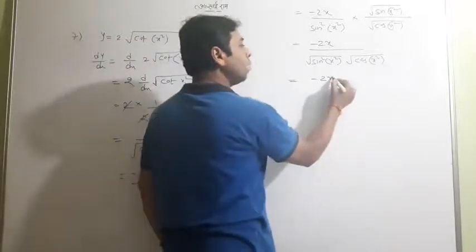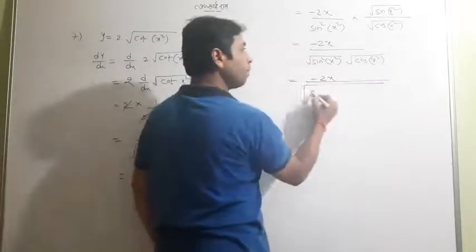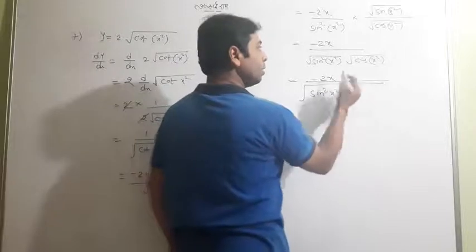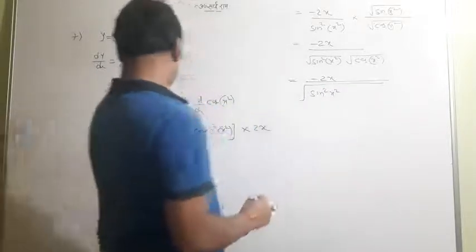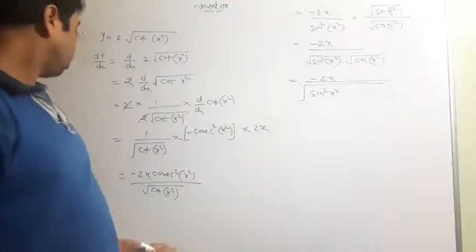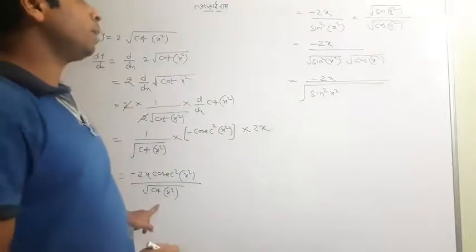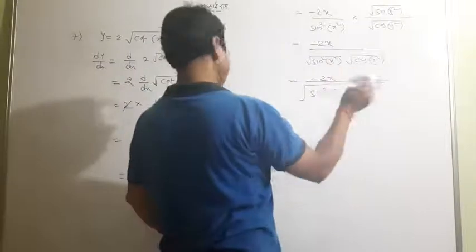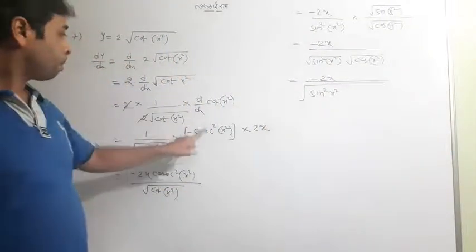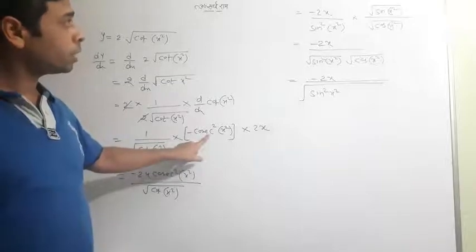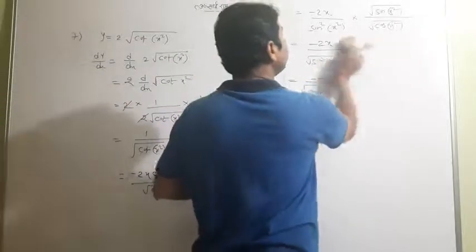I want to write them in a single frame. Sin x square. Sin square. Let me check it out. Okay, it was correct. It is sin x square. Okay, let me do it again. It was 1 by cosec square written in the downside portion. Both were not the same.